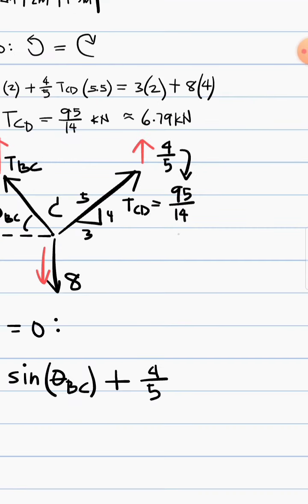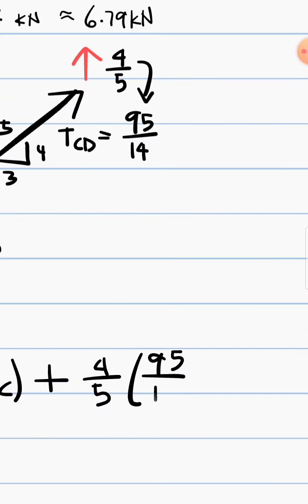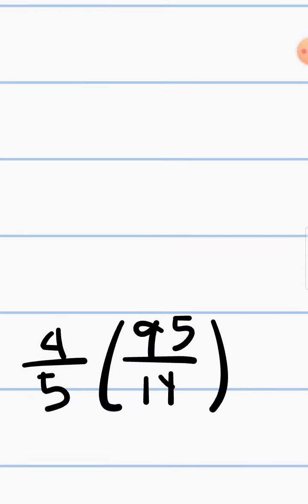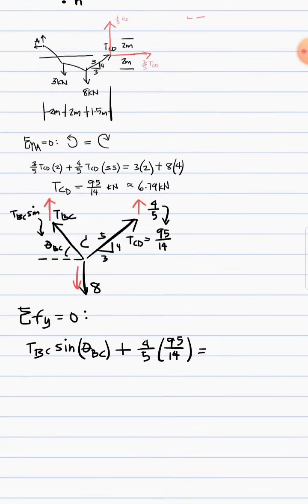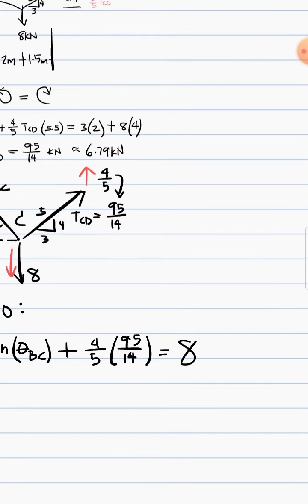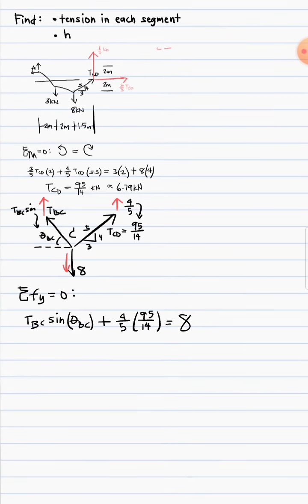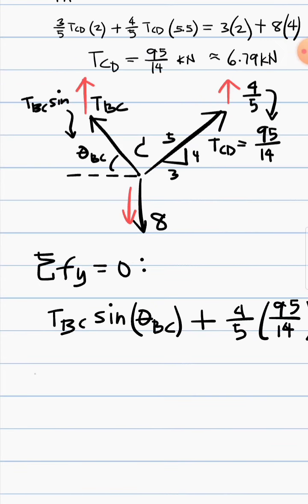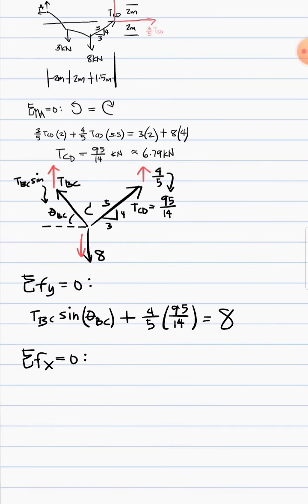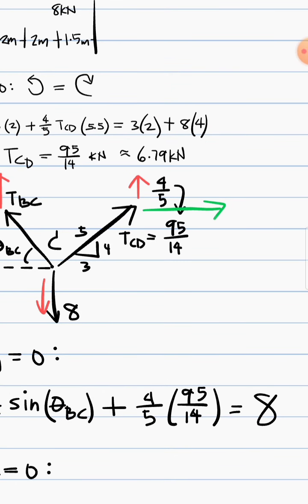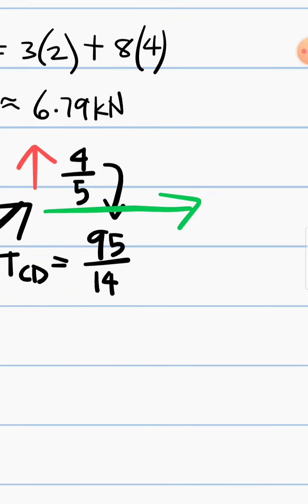And we know that tension CD is 95/14. So, this is 14. And that's equal to 8. Alright. So that's our first equation, which has two unknowns, TBC and theta BC. In order for us to solve the two unknowns, we need a second equation, which is sum of the forces in the X. So for sum of the forces in the X, we have this component, 3/5 of this value.